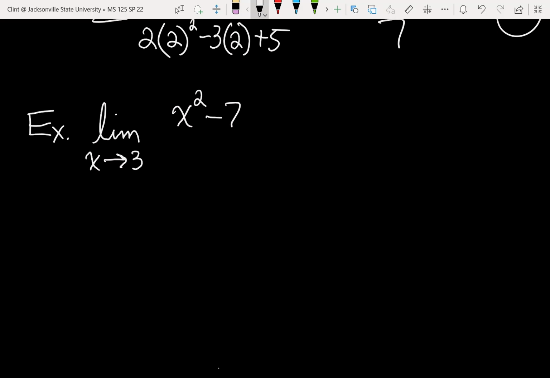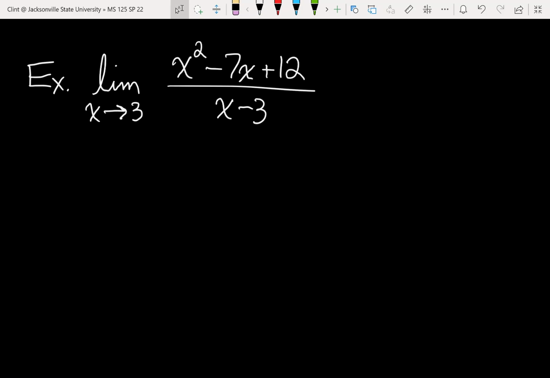x squared minus 7x plus 12. So you've got several on the assignment where you can just use direct substitution and you don't run into any issues.